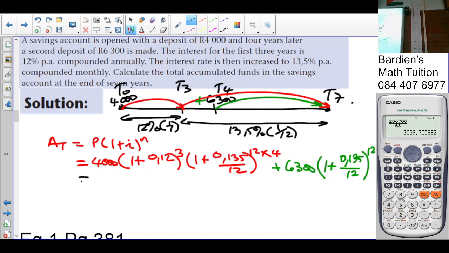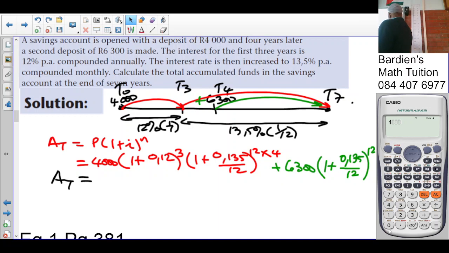Okay. So we just plug that into the calculator. It's 4,000 into 1 plus 0.12 to the exponent 3 times 1 plus 0.135 over 12 to the exponent 12 times 4, plus 6,300 into brackets 1 plus 0.135 over 12 to the exponent 12 times 3.